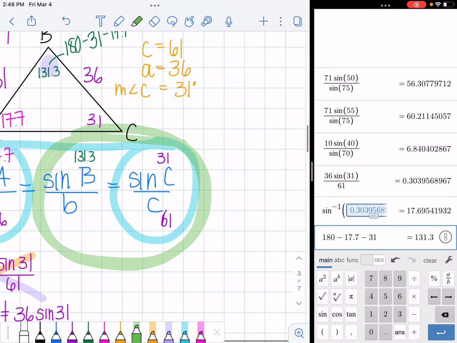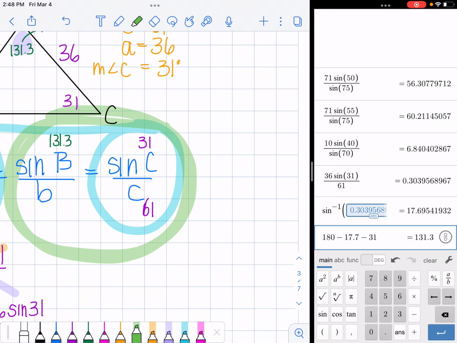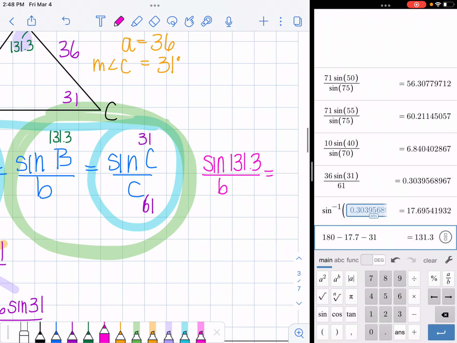Okay, so for this next part to solve, we'll do this in pink. I'm going to say that the sine of 131.3 over B is equal to the sine of 31 over 61. Again, we're going to cross multiply.